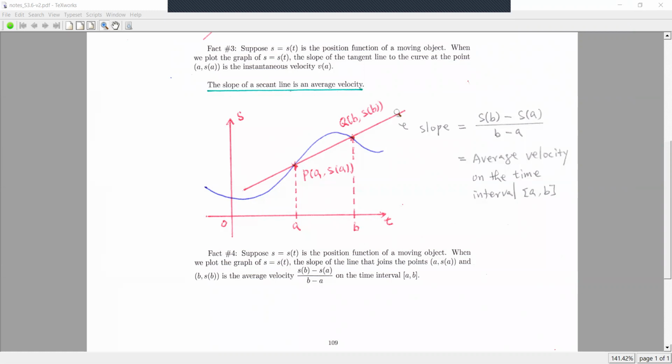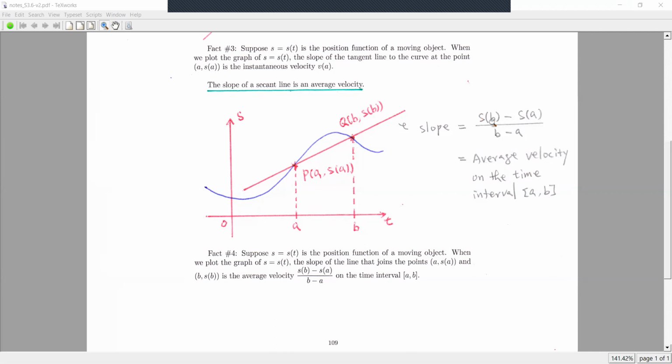By the slope formula, the slope of this secant line is y2 minus y1 over x2 minus x1. So the slope of this secant line is this number. But this number is the average velocity of the moving object on the time interval from a to b.